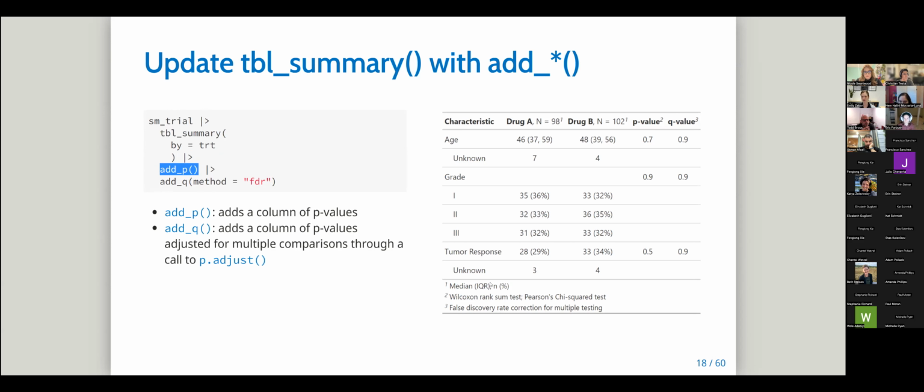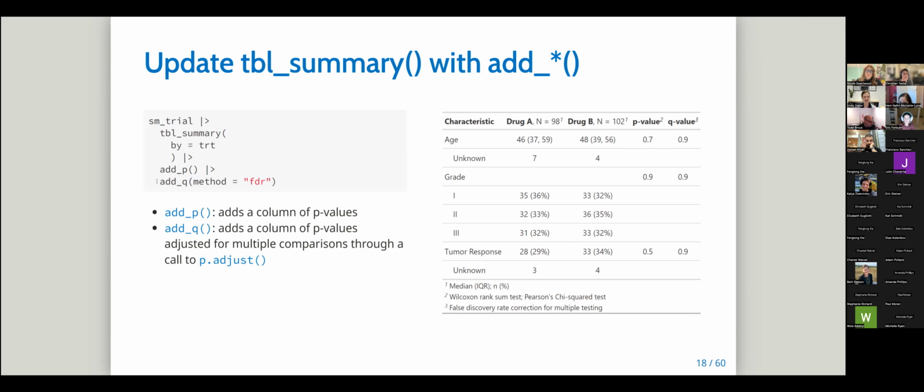And it adds a little footnote saying what tests were done. By default, it will do a non-parametric Wilcoxon rank sum test for continuous variables. And then it will actually calculate the expected cell counts for categorical variables and choose between the chi-square test and the Fisher's exact test. But you can customize all of these statistical tests as well. Those are just the defaults.